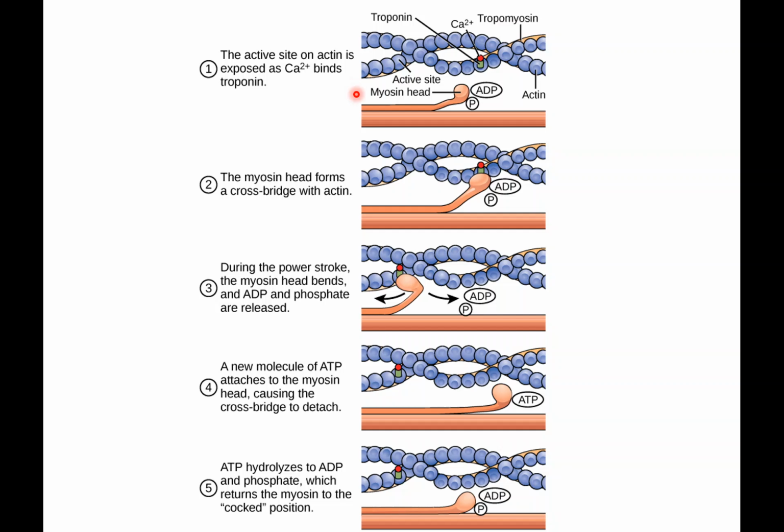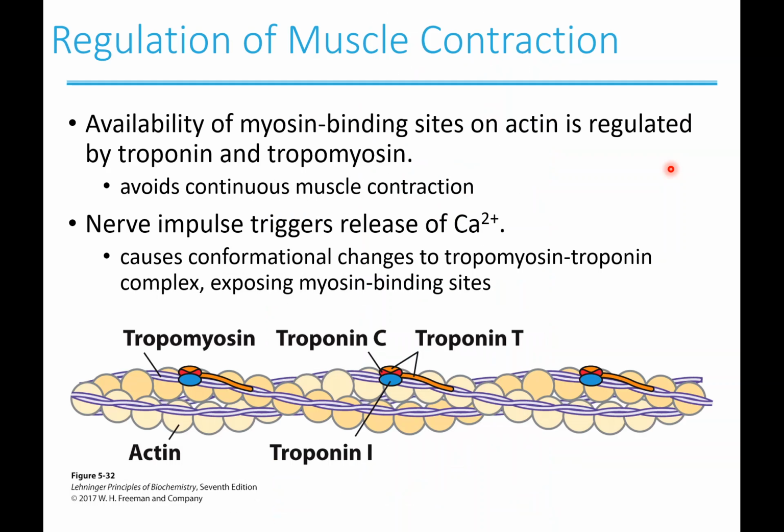Okay, those are also very important, and they're part of the actin thin filament as well. So I included this as another description that might be a little bit easier for you to read through.